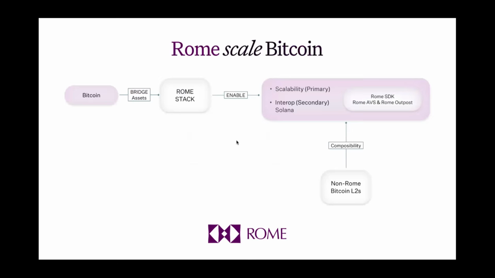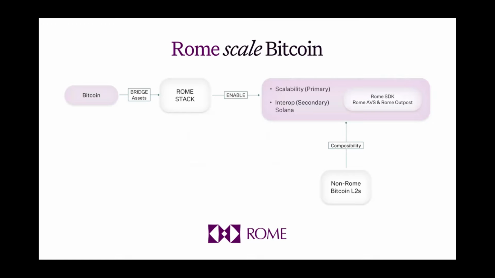So, how ROM scales Bitcoin. Bitcoin bridges assets to the ROM stack, and that basically enables scalability for all the ROM L2s. How we do it is, when users submit Bitcoin from the Bitcoin wallet, we have our own relayer, called the ROM relayer.